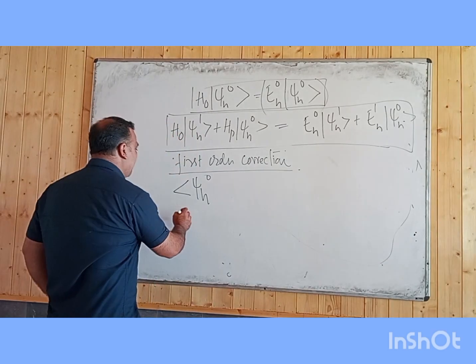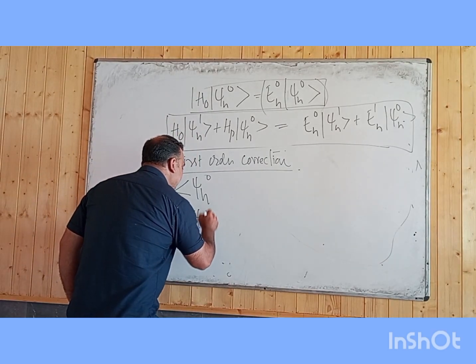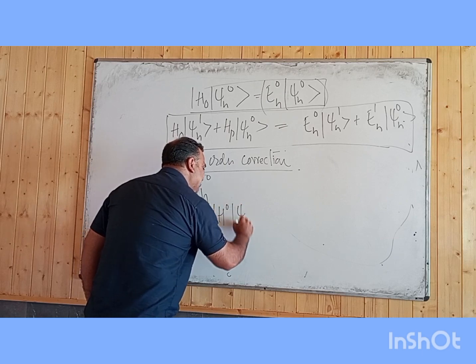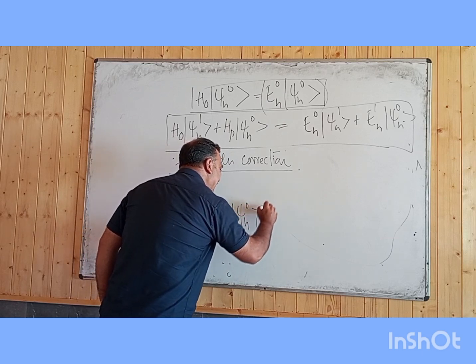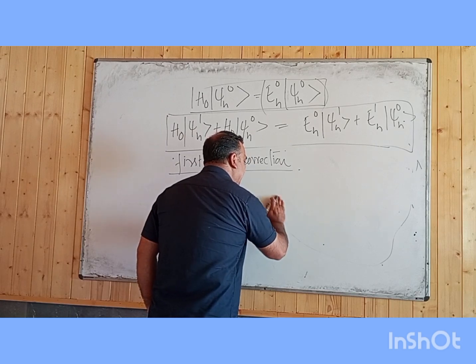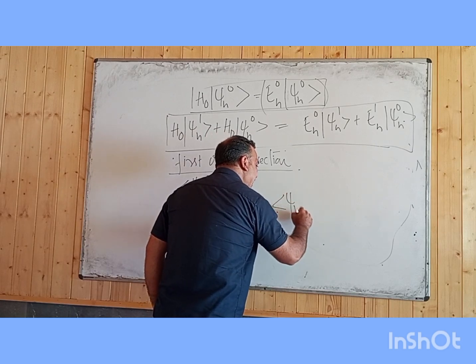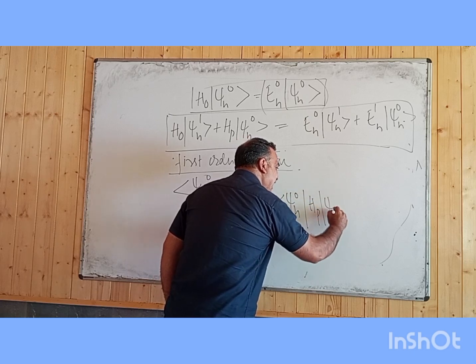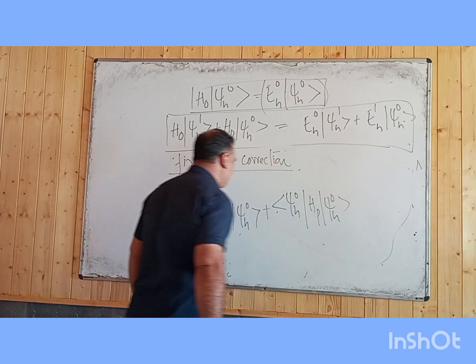What I'll get is psi n0, then H0, then psi n0, plus, not Hp, I will write psi n0, Hp, psi n0. Am I right?